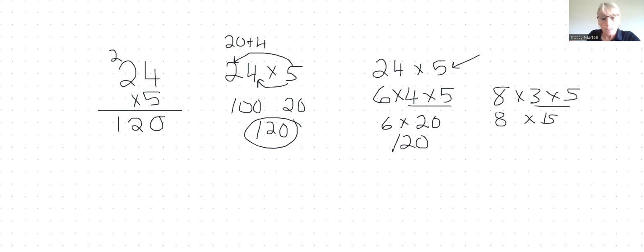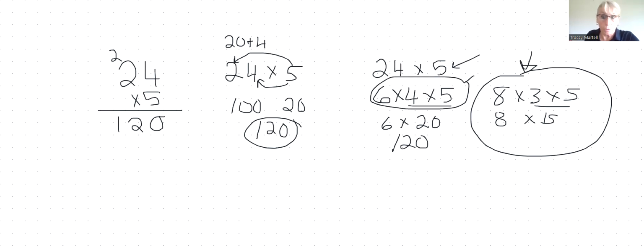Also, we want to see that they can be flexible. If I choose this strategy first and I see that it doesn't work out, I'm able to realize that this one's going to work out better. That's what it means to be flexible. Then, of course, we want to see that their answers are accurate, that they're following the steps correctly, and they're getting an accurate answer.